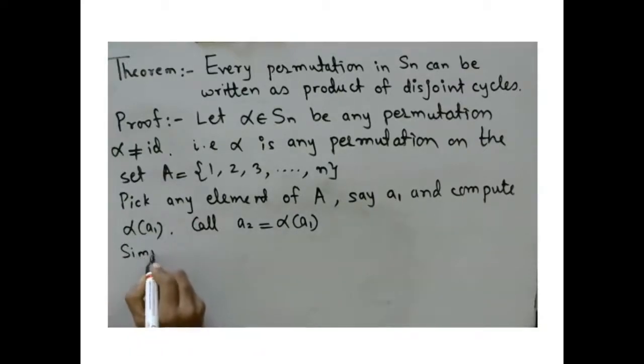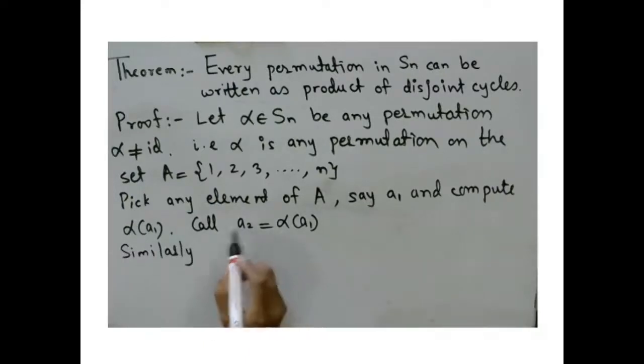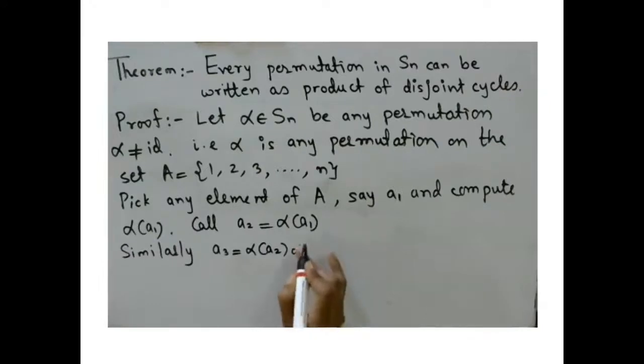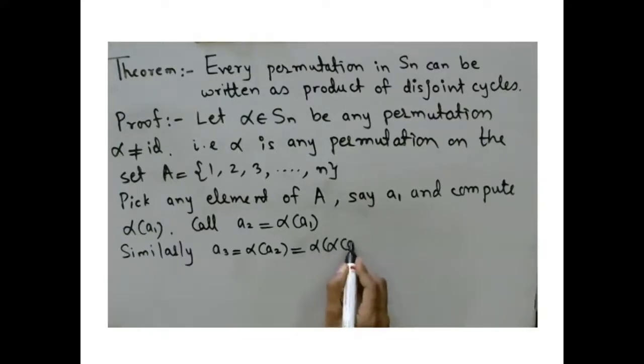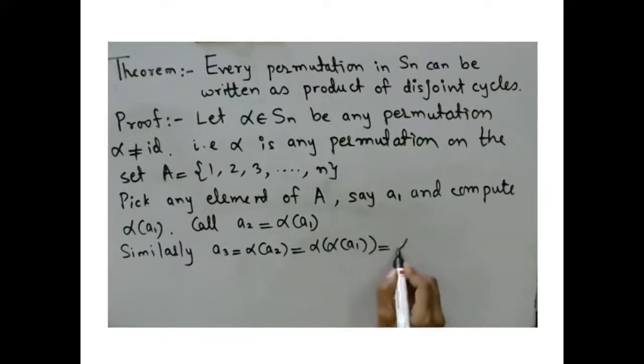Similarly, you find the image of A2 under alpha. You find alpha of A2 and call that element A3. Similarly, A3 is equal to alpha of A2, which is alpha of alpha of A1, that is alpha square of A1.